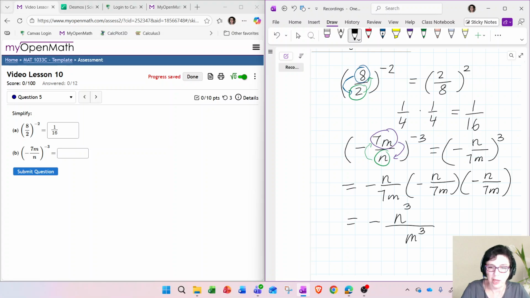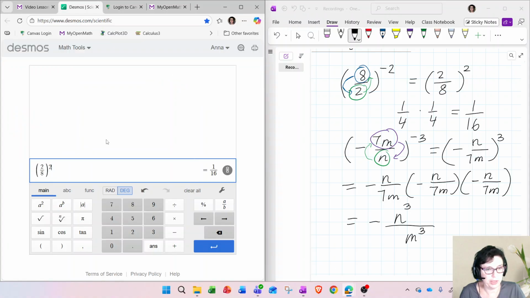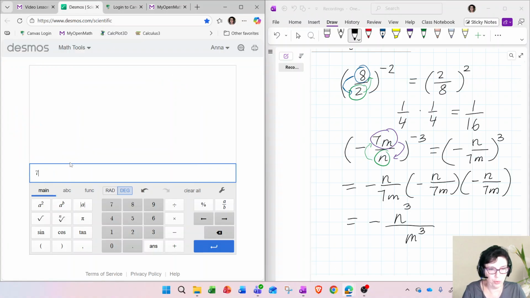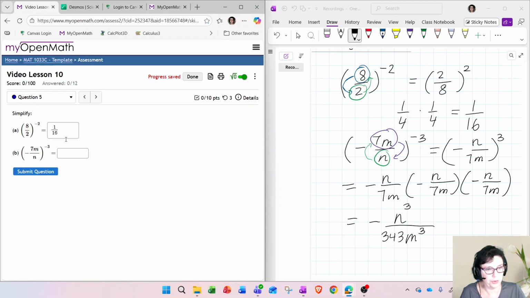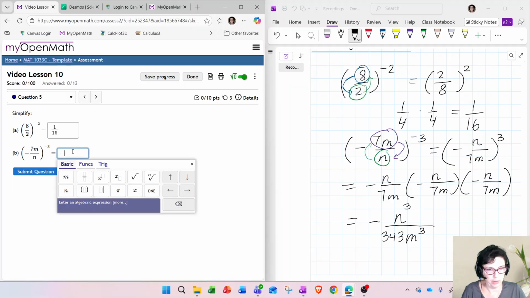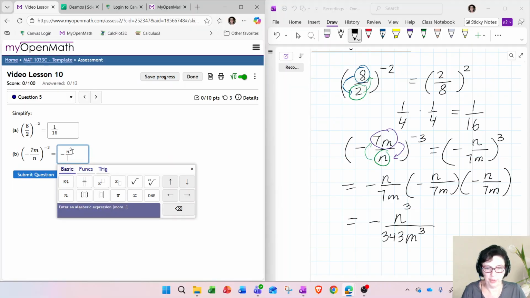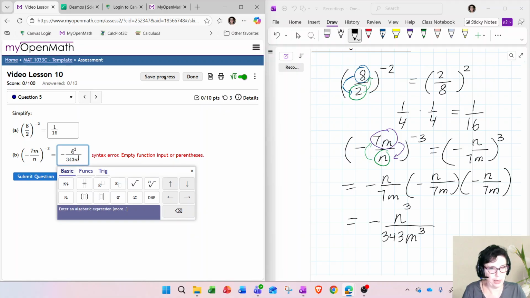That's m cubed. And then you also see 7 by 7 by 7. Okay, what is that? That is 7 to the power 3. And that's 343. That'll be on the bottom, right? Because the 7 was on the bottom. Let's see if we can enter that. Wow, this was hard. -n cubed divided by 343 m cubed.